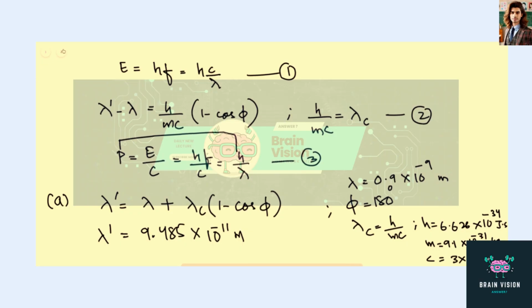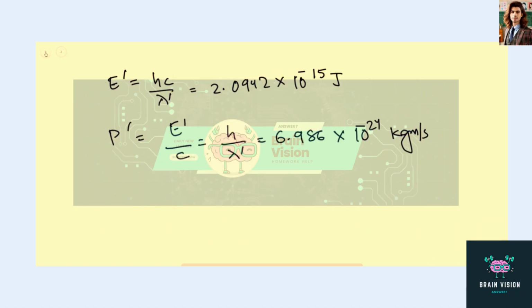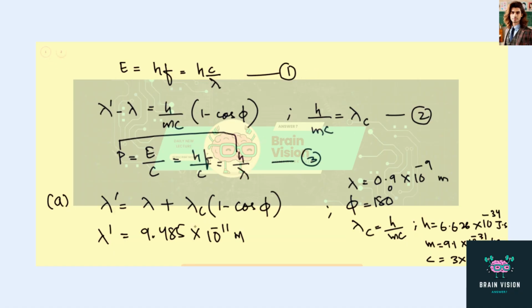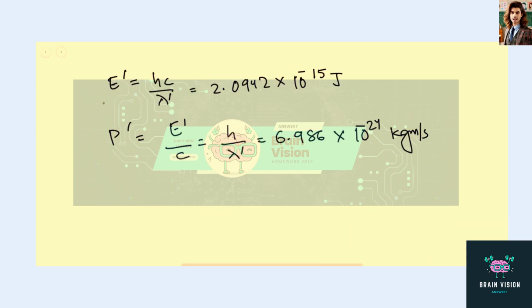So once you have lambda dash, you can directly use equation 3 in order to find P dash without finding the energy. So this process is actually not needed. You can directly use P dash equal to h over lambda dash and find this answer.